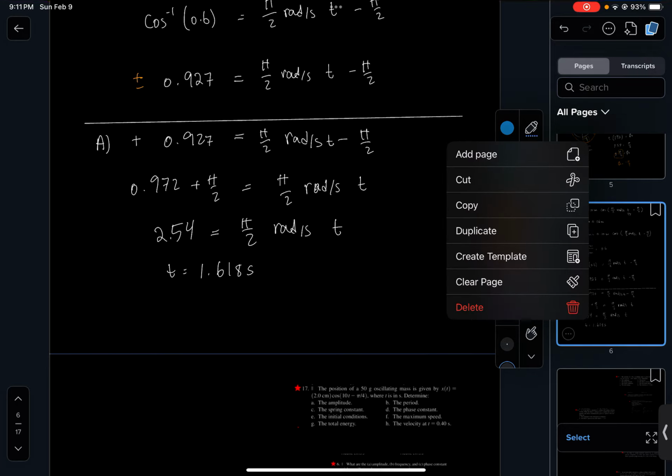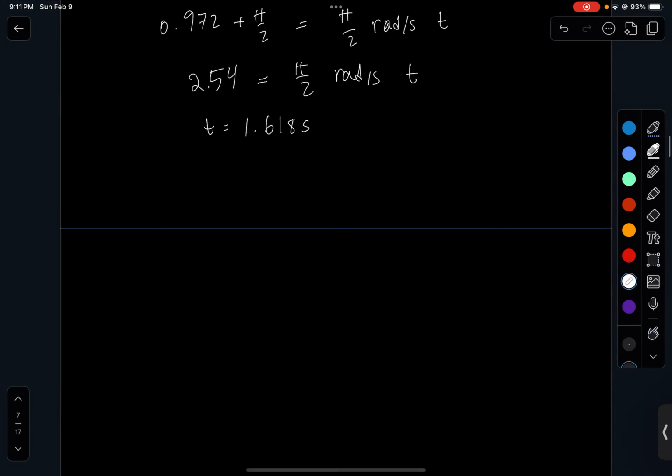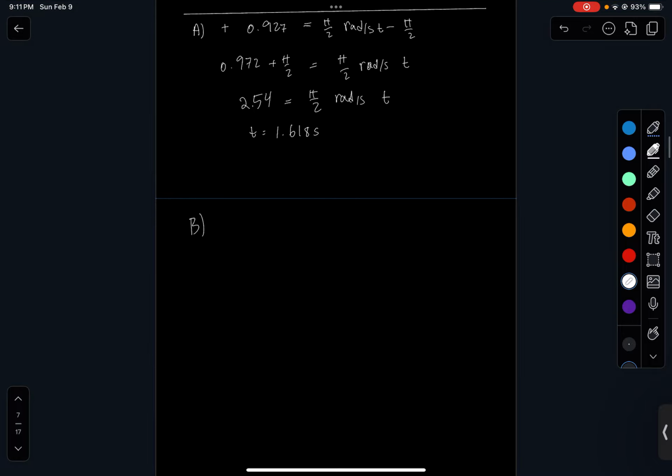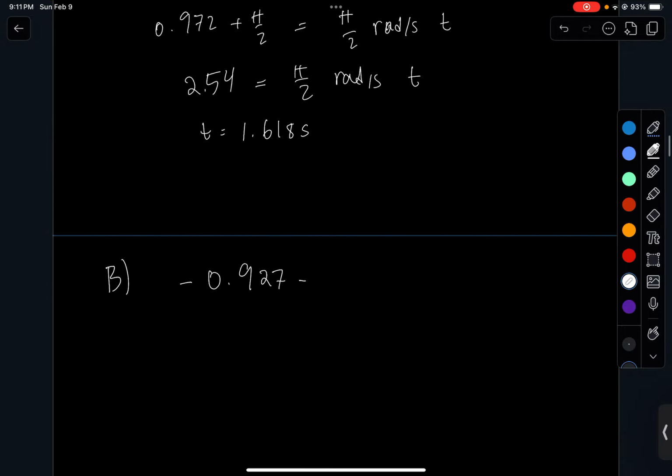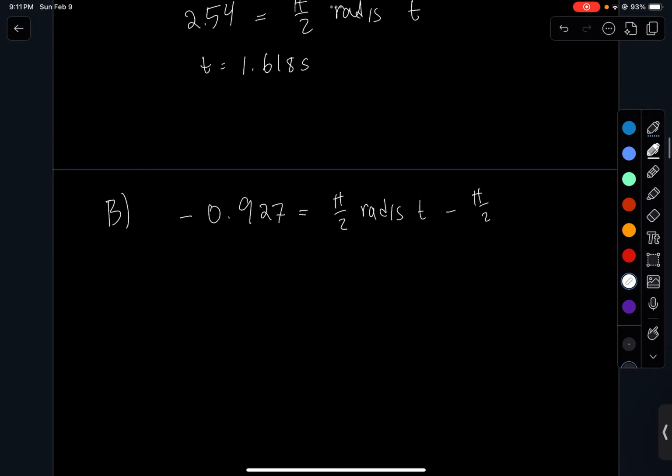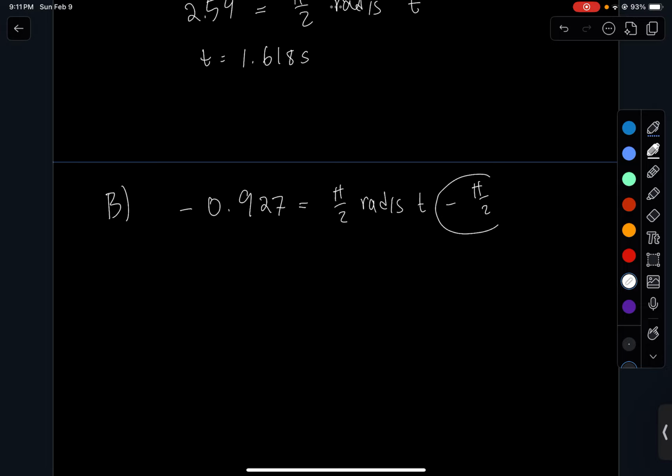Let me add another page. The second possibility is the minus 0.927 equals pi over 2 rad per second times t minus pi over 2. We move minus pi over 2 to the other side. It's going to be 0.927 plus pi over 2, wait, minus 0.927 plus pi over 2, equals pi over 2 rad per second multiplied by t.